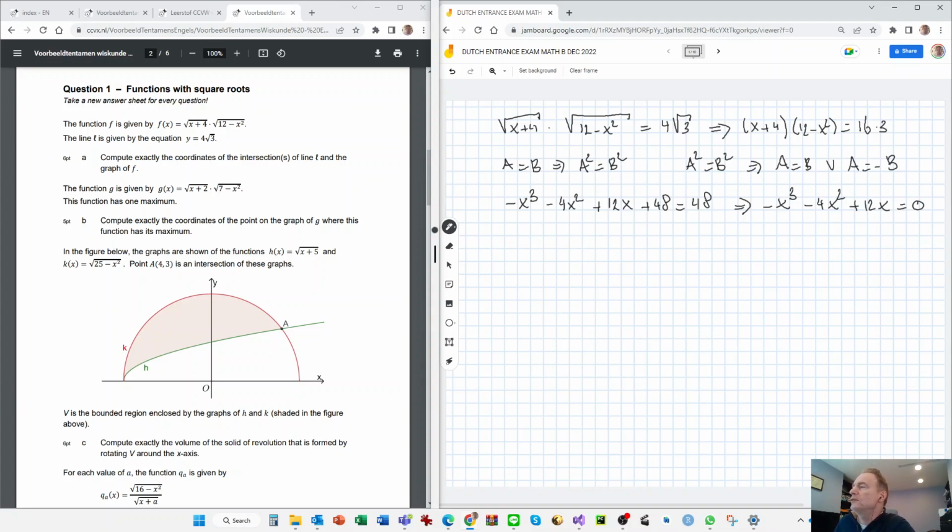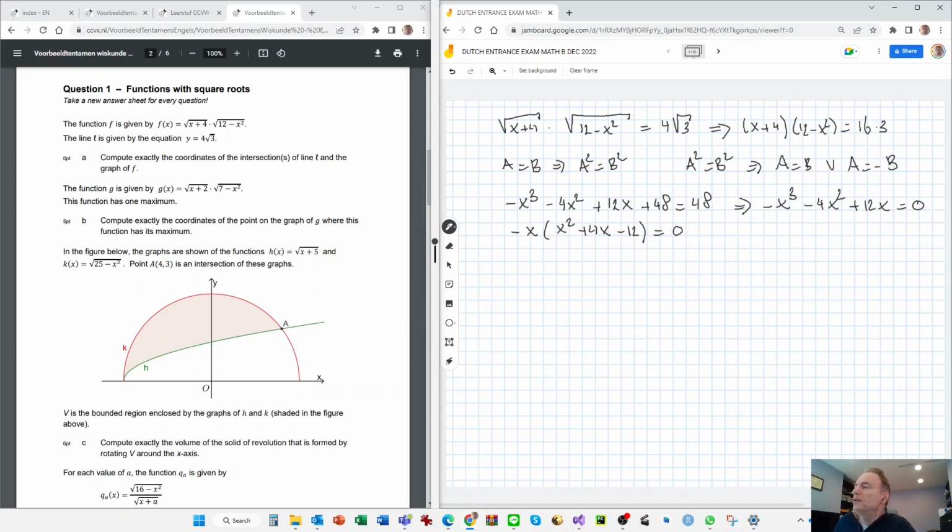So it's a third degree equation, but you can pull out a minus x, and then you get x squared plus 4x minus 12 equals 0.